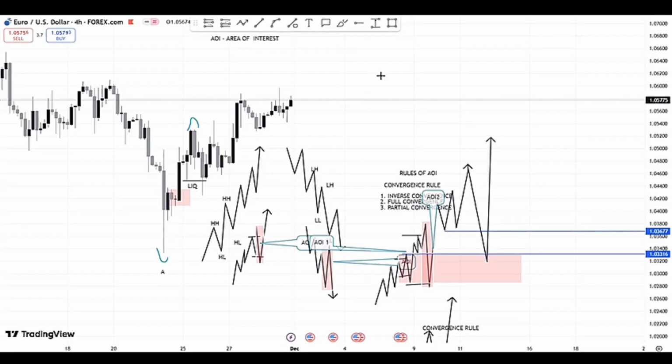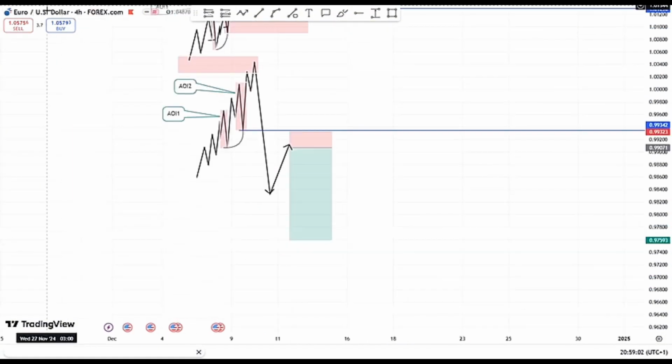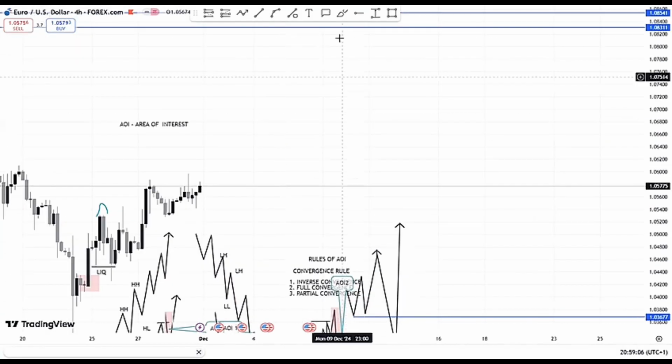Okay, so I stopped at points to note about AOI, and the first point I said is that AOI can be identified as a bullish candle formed among multiple bearish candles, or a bearish candle formed among multiple bullish candles. And I gave an example here. Let me see if it's still on chart. Okay, it's not here. I said where we have something like this.